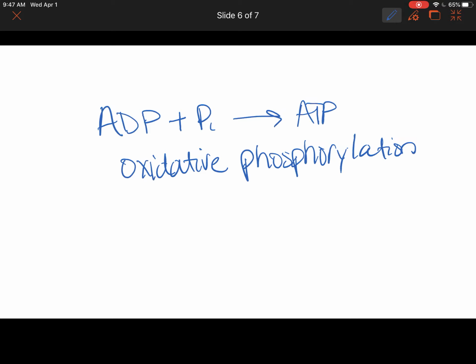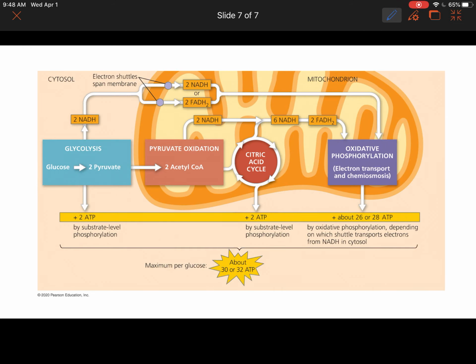But the energy that's required for this reaction is provided through all of those redox reactions where electrons were transported, and then the energy in those electrons was used to actively transport hydrogen. The hydrogen ion gradient was then the energy source for ATP synthesis.